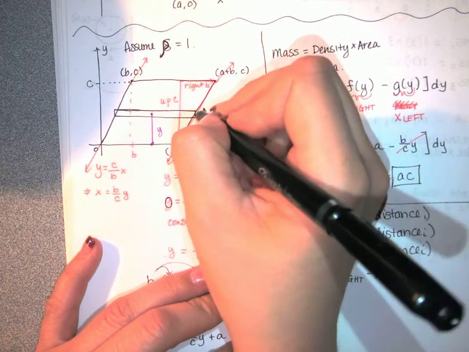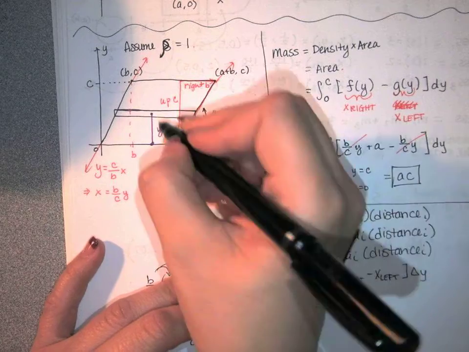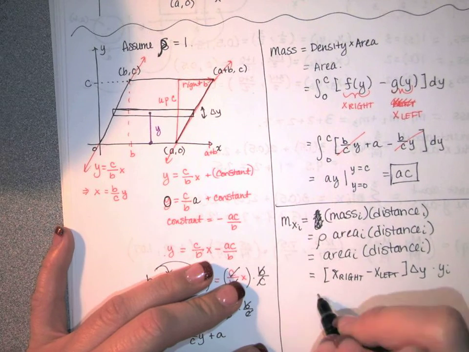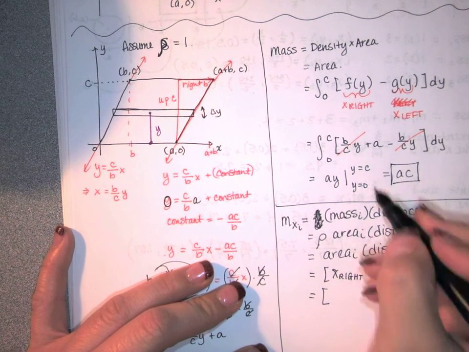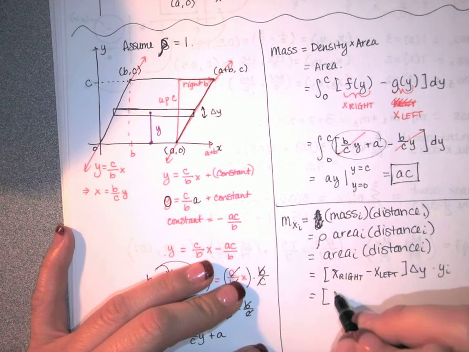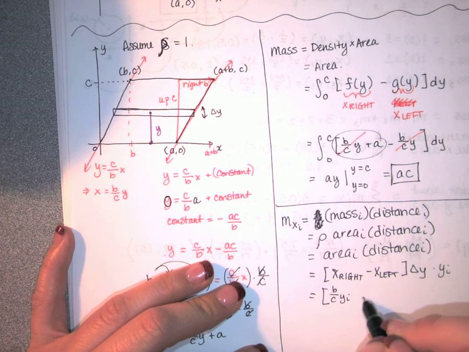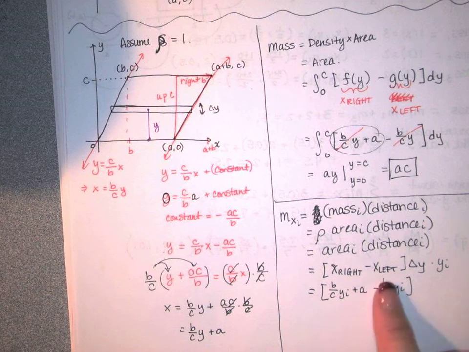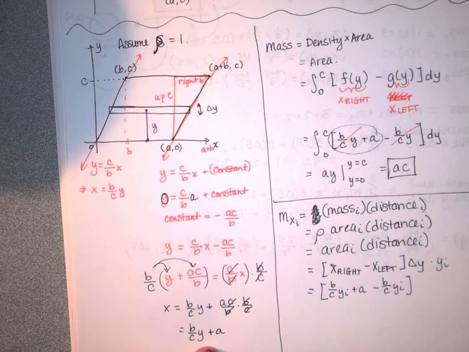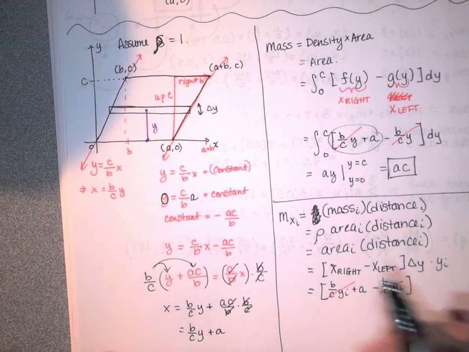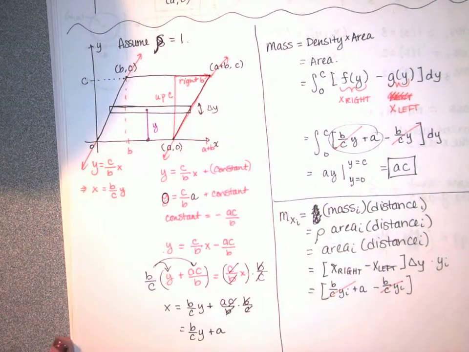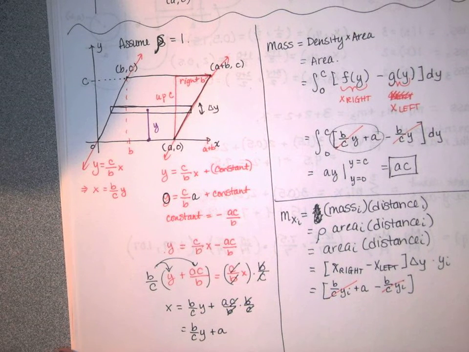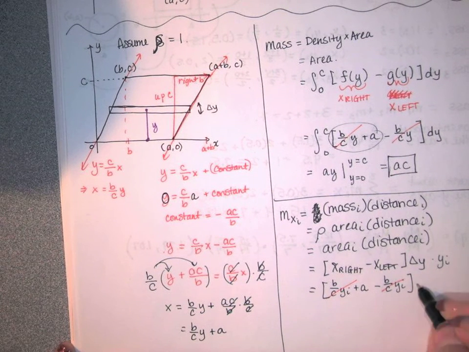X on the right minus x on the left times delta y is my area, and then the distance is just y sub i. X on the right, we found earlier, that was this. X on the left was this. So every time we have x right minus x left, those two terms are going to cancel, and we just get a. So this distance is a constant a the whole time, which I think is pretty cool. But I guess that's just a property of a parallelogram. Times y sub i times delta y.